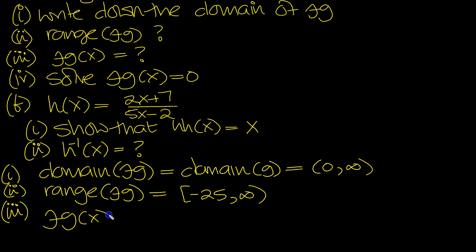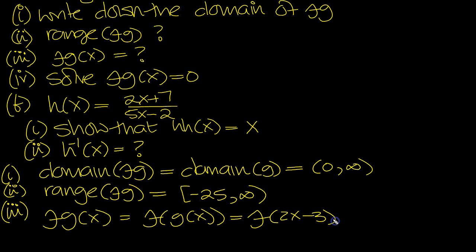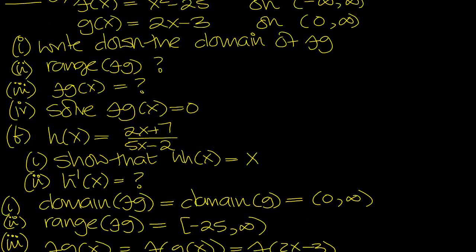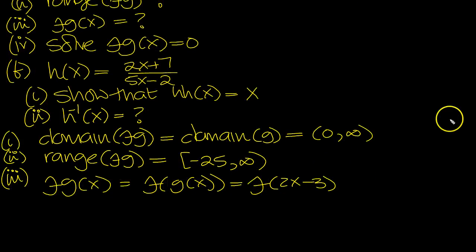f of g of x is equal to f of 2x minus 3. So that was g, and x squared minus 25.